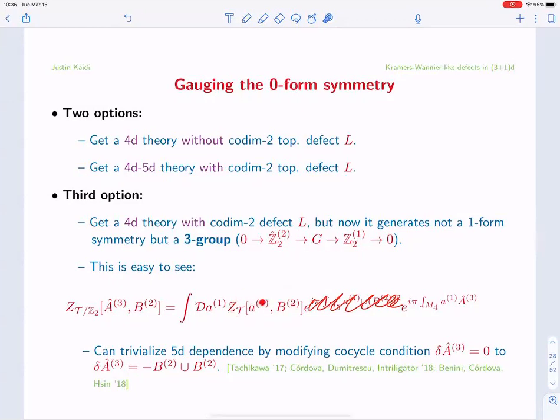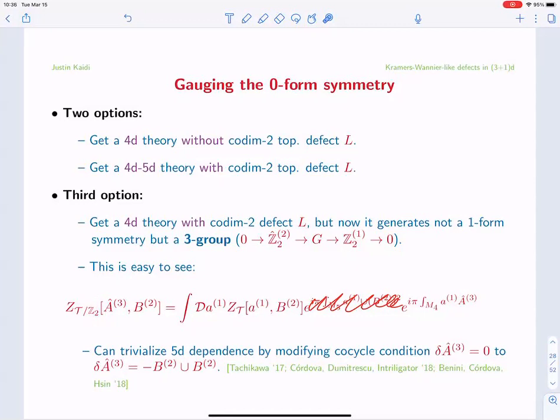I'm gauging the zero-form symmetry, so I make big A into little a, and I integrate over little a. And I can, in general, have a coupling to the dual background gauge field for the two-form symmetry, which is this piece here. And this will give me the gauged theory. Okay, so this is if there's no anomaly.